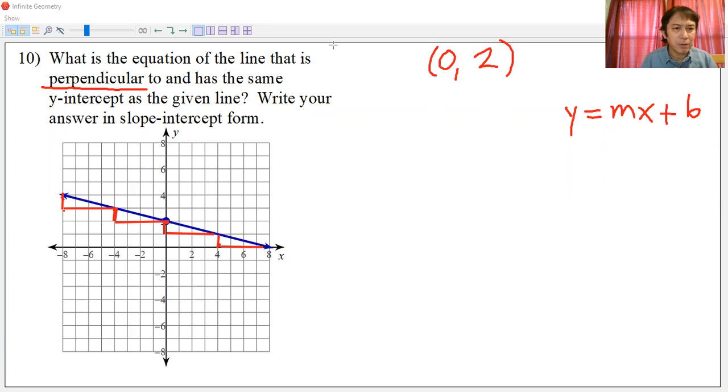So it's a negative 1/4. The slope of the blue line is negative 1/4.